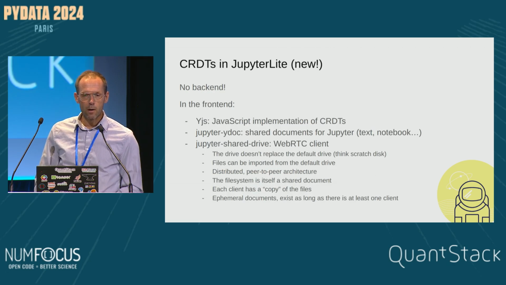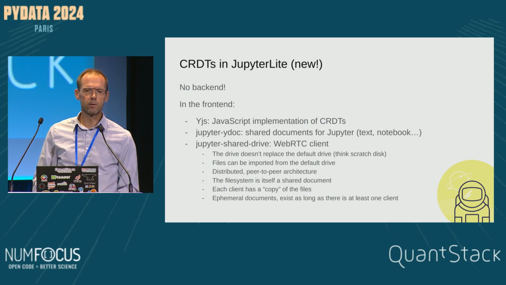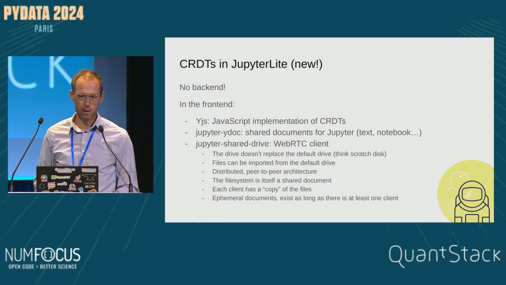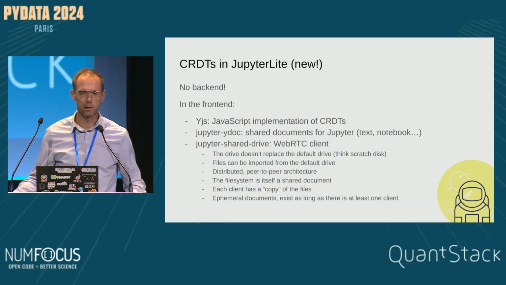We have CRDTs in JupyterLite. That's quite new. The difference in JupyterLite is that there is no backend. In the front end, we still use YJS as before, JupyterYDoc, and this new library called Jupyter Shared Drive, which is kind of the equivalent of Jupyter collaboration, but using WebRTC instead of WebSocket.